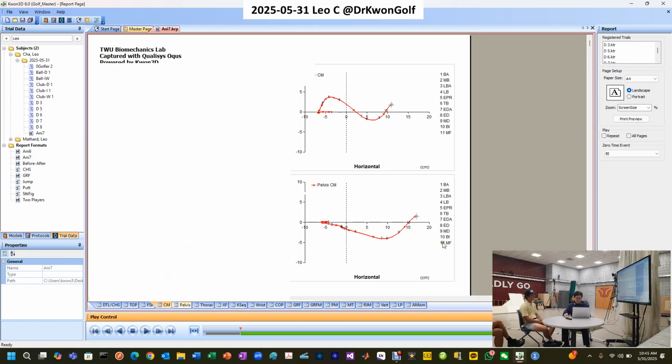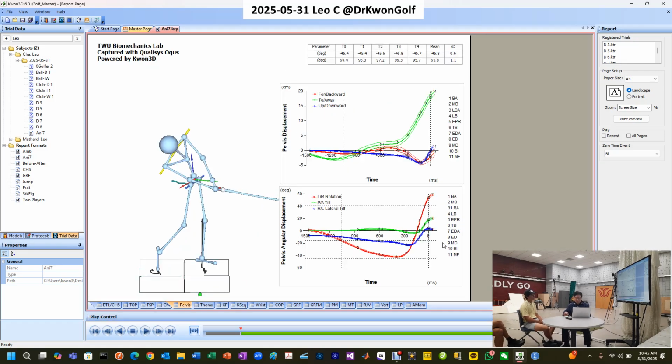And then the pelvis motion. So the upper one shows the translational motion of the pelvis. The red line is the forward-backward motion of the pelvis center of mass. The green line is the toward and away motion, and the blue is the up and down motion. The lower graph shows rotational motion.